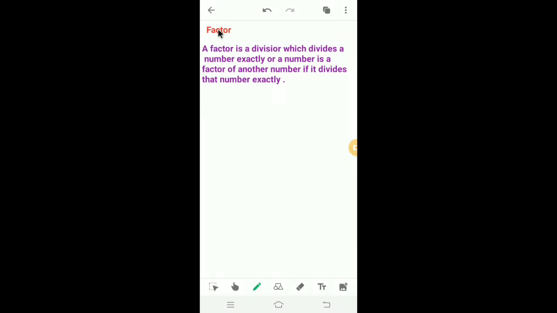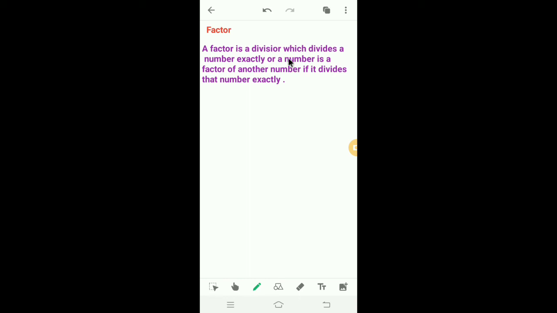Next we will learn definition of factor. A factor is a divisor which divides a number exactly, or a number is a factor of another number if it divides that number exactly.